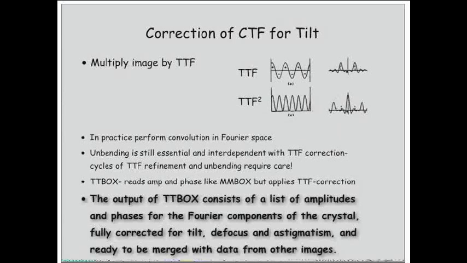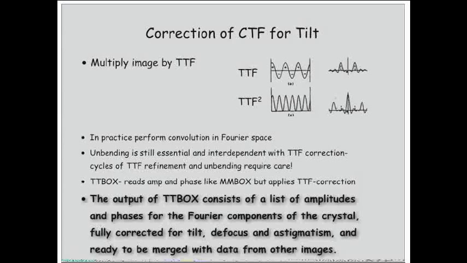We do this TTF, or tilt transfer correction, in practice in Fourier space, but you still have to do all that unbending, which I hope you've already covered. So you correct all the distortions using the unbending techniques, which you hopefully are familiar with, but we have to do this additional tilt transfer correction.